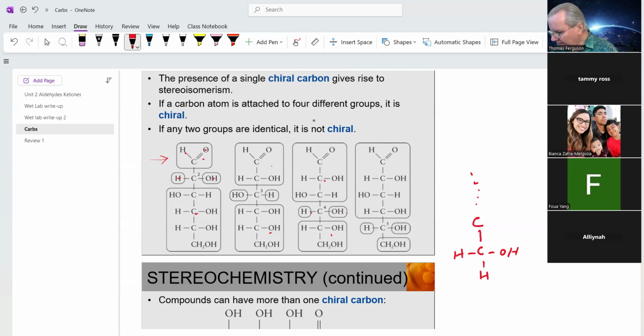Carbon number 6 down here has 4 groups attached, but 2 of them are hydrogens. So this is carbon number 6 right here. Hence, it's not chiral. So this particular monosaccharide has 4 chiral carbons. So this will definitely have a D and L version.